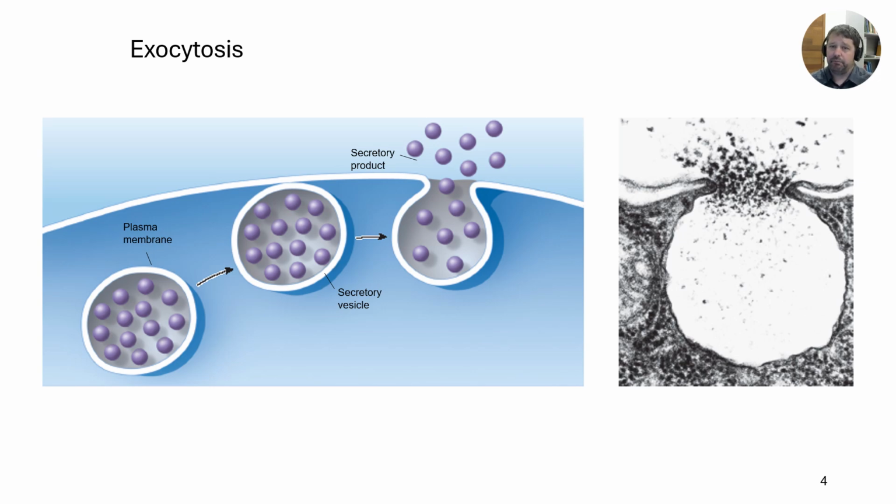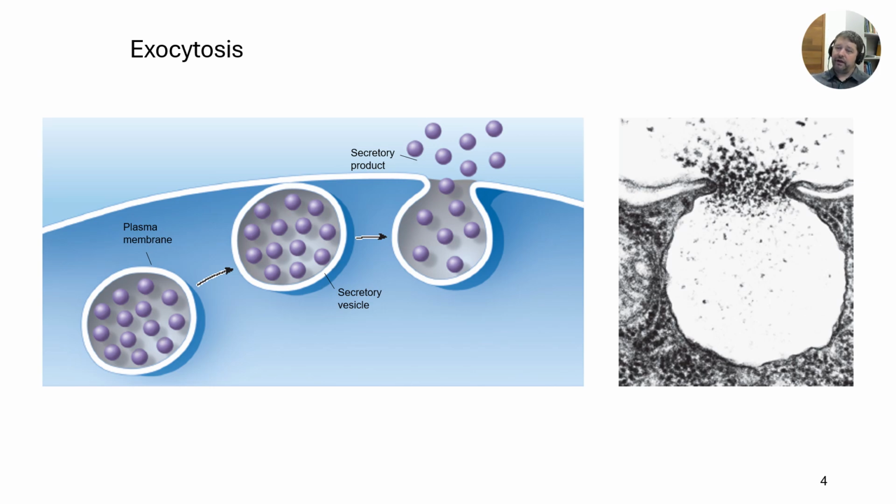Maybe that cell's made a bunch of new proteins, or a bunch of lipids like hormones, and that cell is just cranking out these hormones, but it produces them in these secretory vesicles, and then those vesicles, like I said before, the membranes will bind together. And when the membrane binds together, the material can leave and that vesicle just becomes part of the membrane.